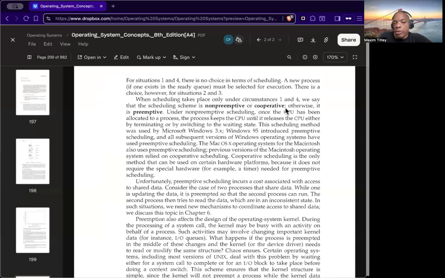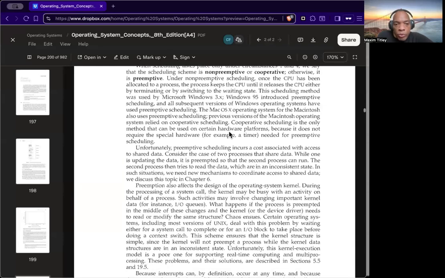All right. The CPU is not getting cut off. It just has to move on willingly. Otherwise, it's preemptive. The CPU is having control wrested away from it, or it has to release whatever it is already doing. The process keeps the CPU until it releases the CPU, either by terminating or by switching to the waiting state. This is non-preemptive. All right. So now, moving further on.